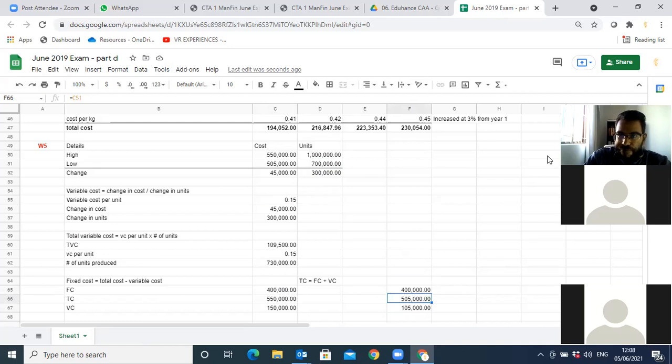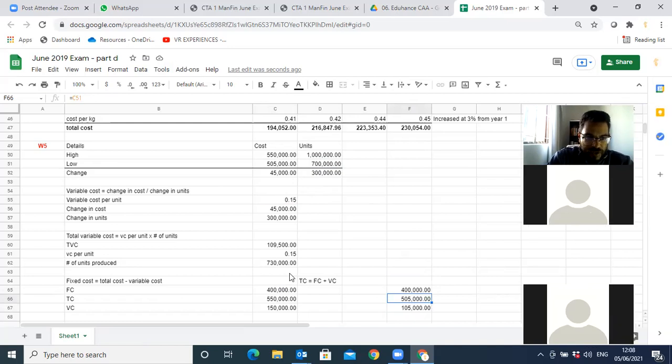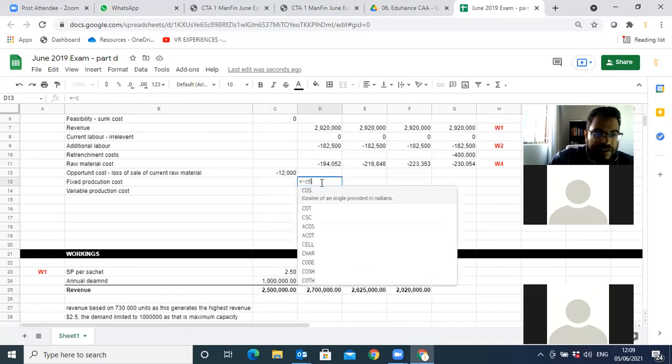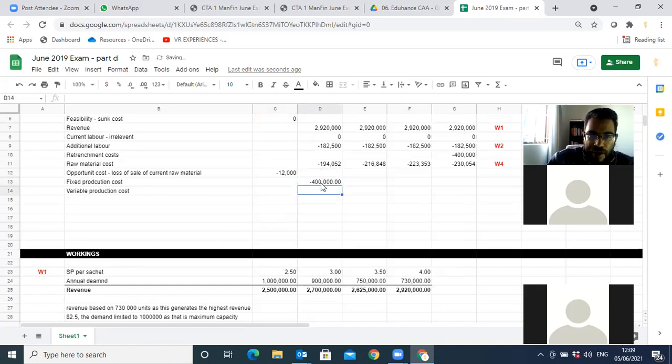So now I can just go. My fixed cost is C65. My variable cost is C60. So fixed cost is a negative C65, and my variable cost is also negative, it was C60.